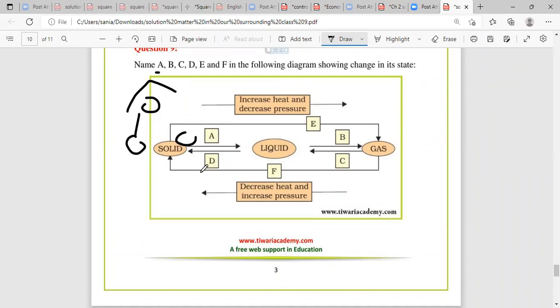So what will be the D? Liquid is being converted into solid. Check it, everyone. Solidification. Good. And B and C. B Jaslin will tell and C Adil will tell.